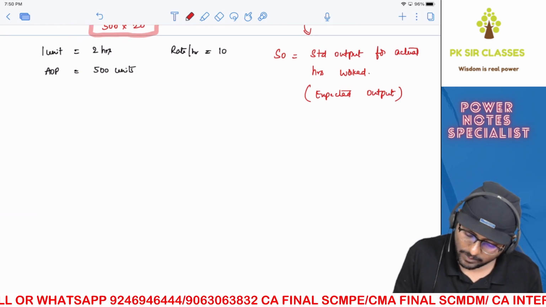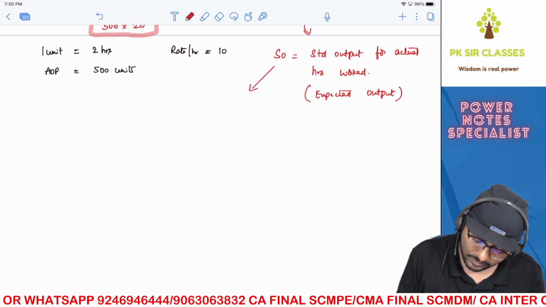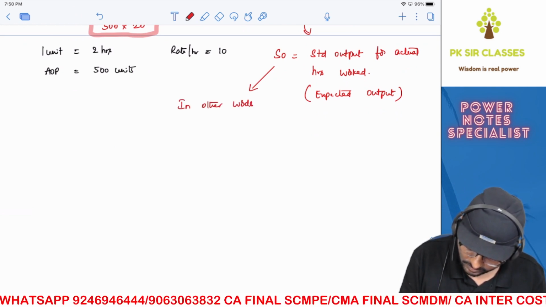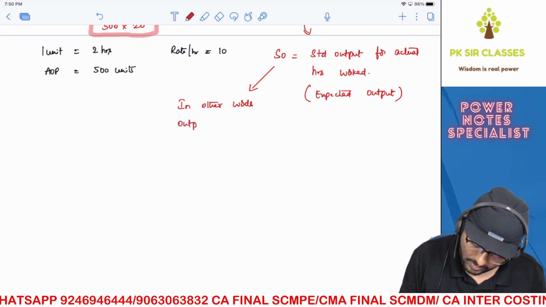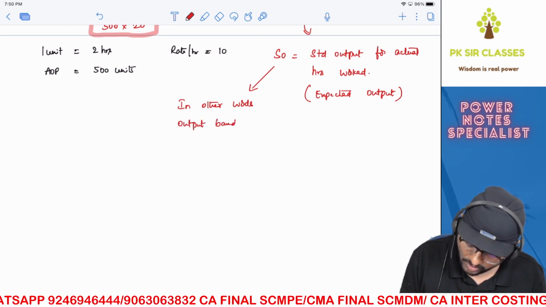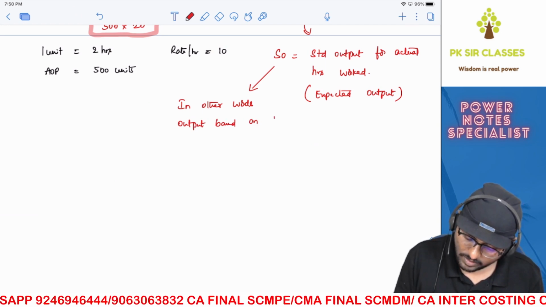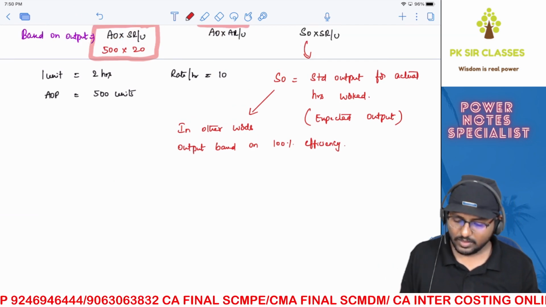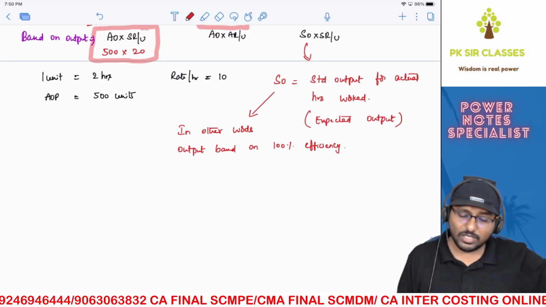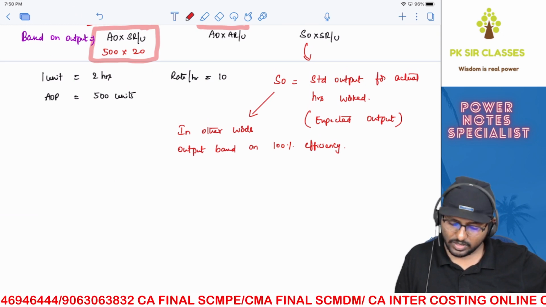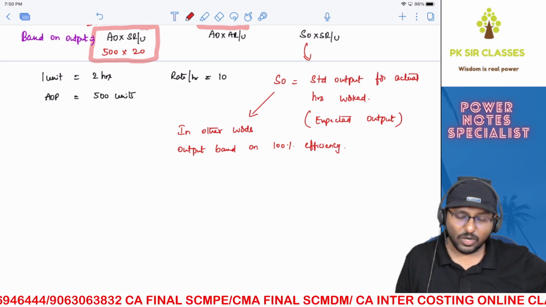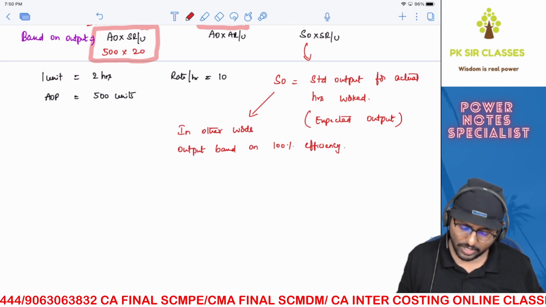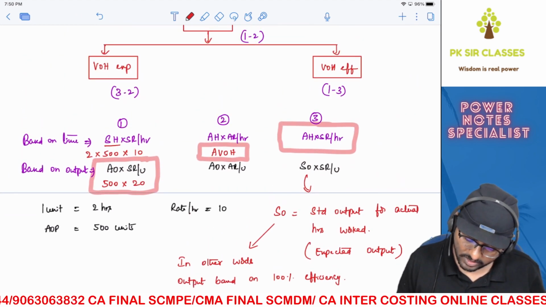In other words, output based on 100% efficiency. So if you are 100% efficient, what will be your output? That is nothing but SO. Got it? I hope this is clear.